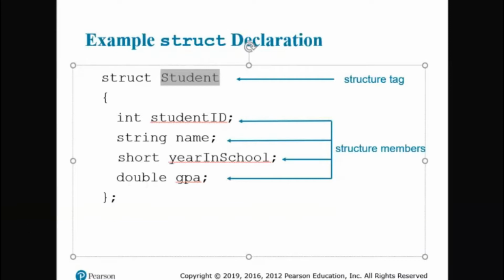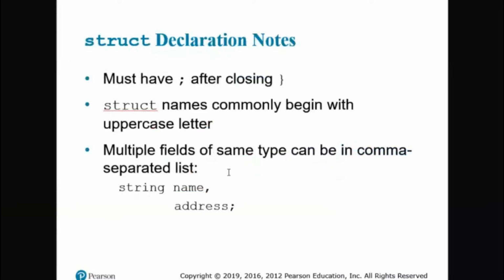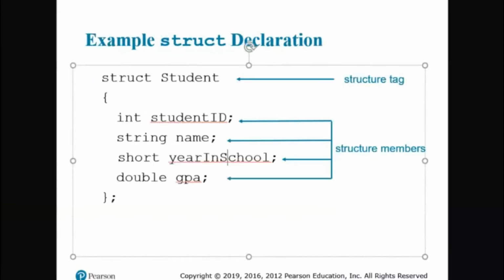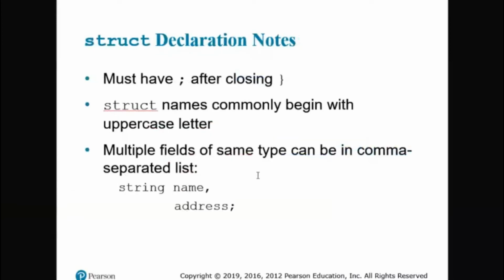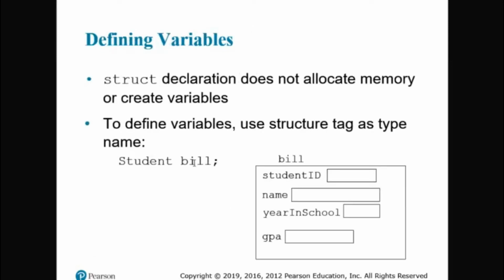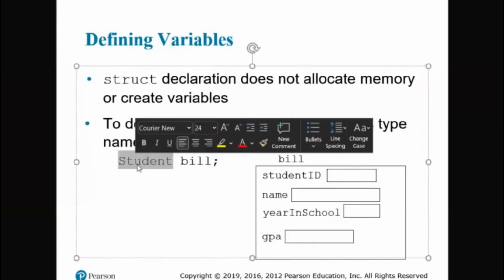So how to implement this in C++? Once you define it like this, it actually becomes a data type. So you can use it exactly like other data types, like as we can use int a, int b, we can use student bill, student john, student anyone.